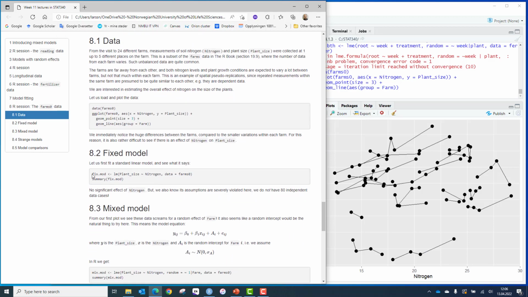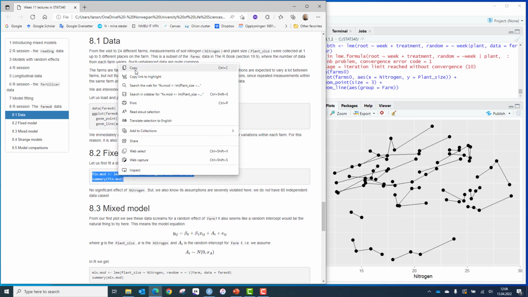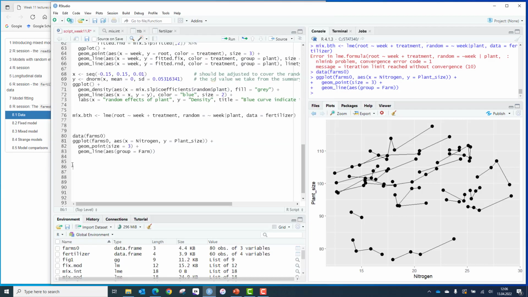So if we just fit a standard normal regression model here without specifying anything about dependencies, we say, okay, let's fit the linear model with plant size as response and nitrogen as the predictor variable, right?